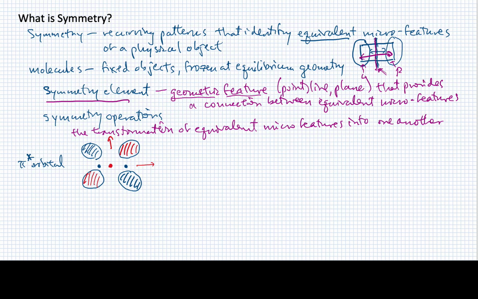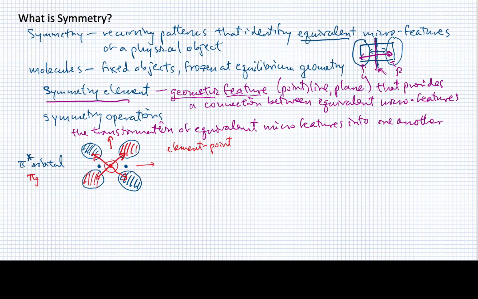So for example, we had noted that the pi star orbitals we would denote as pi sub g. G being gerade, meaning we can have inversion between two things that are on opposite sides of this inversion center that's in the middle here. So in this case, our symmetry element is this point.